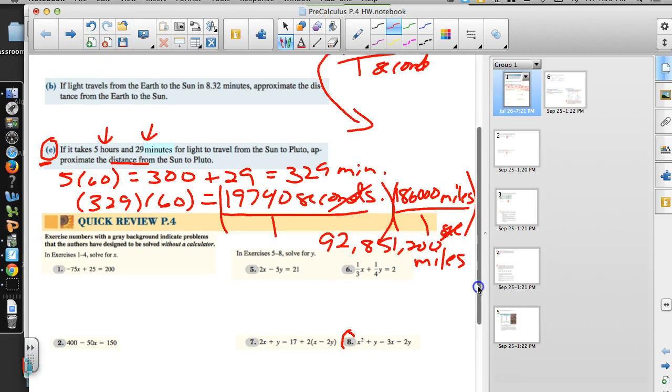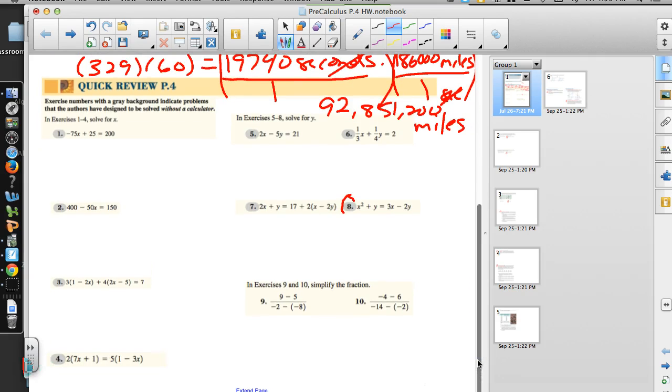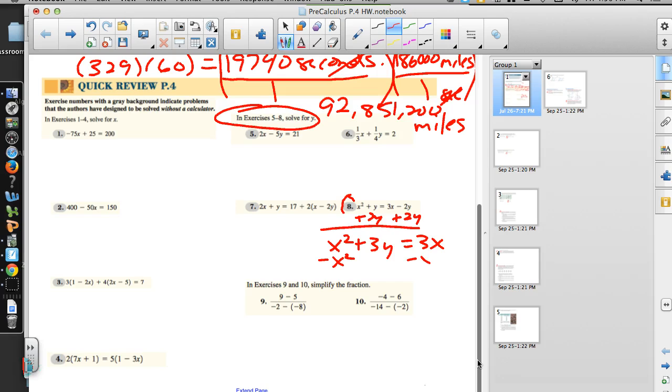The other one that somebody had asked about was number 8. And number 8, the instructions are to solve for y. So the first thing I would do is add 2y to both sides and get x squared plus 3y equals 3x. Then I would subtract x squared from both sides and get 3y equals a negative x squared plus 3x.